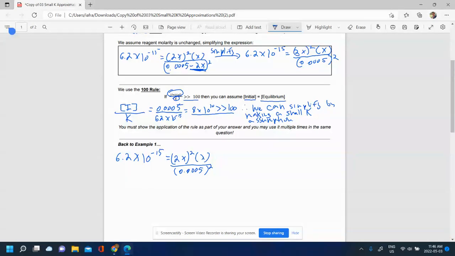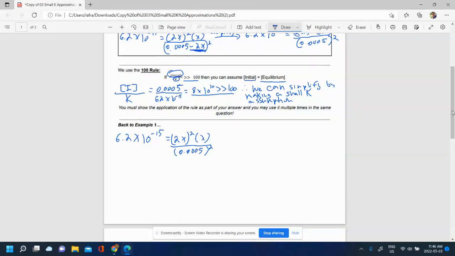And so if we continue this to simplify things a bit, we get 6.2 times 10 to the power of negative 15 is equal to, so 2x squared is 4x squared times x, which is 4x cubed, over 0.0005 squared.